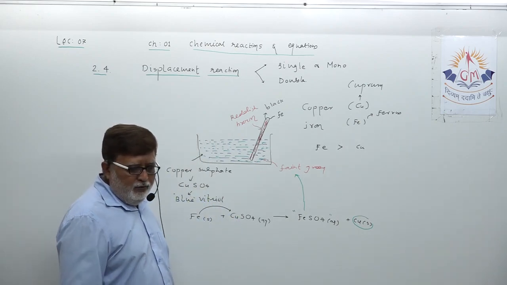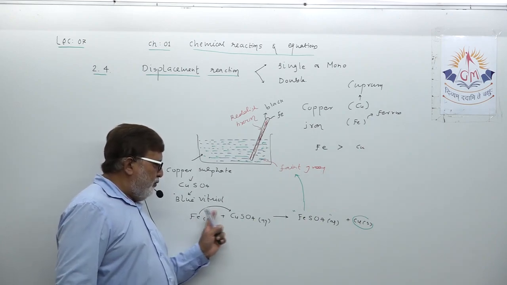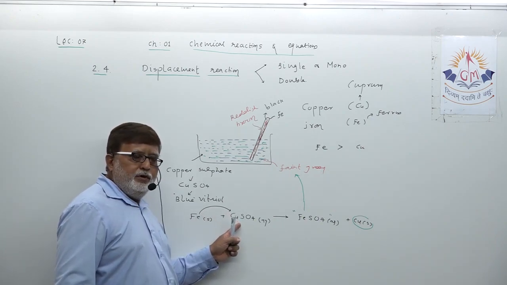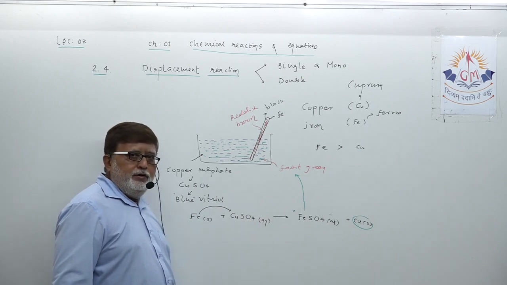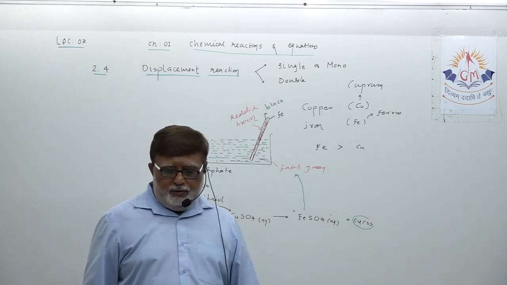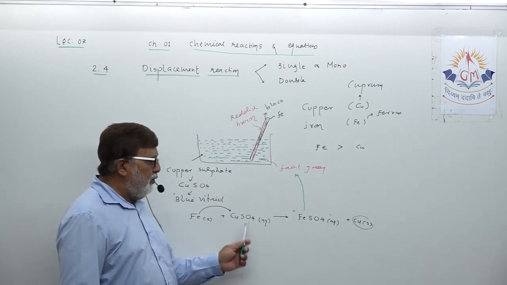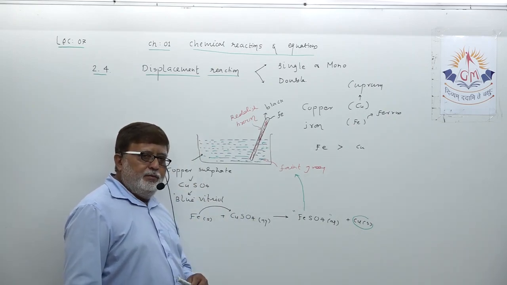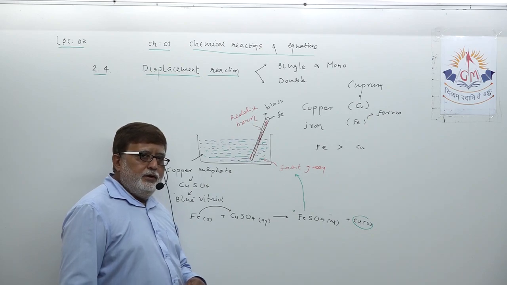Here exchange takes place, iron displaces copper and a new compound is formed. Such reactions are called displacement reactions, and I must say that this is the best example of mono displacement or single displacement reaction.